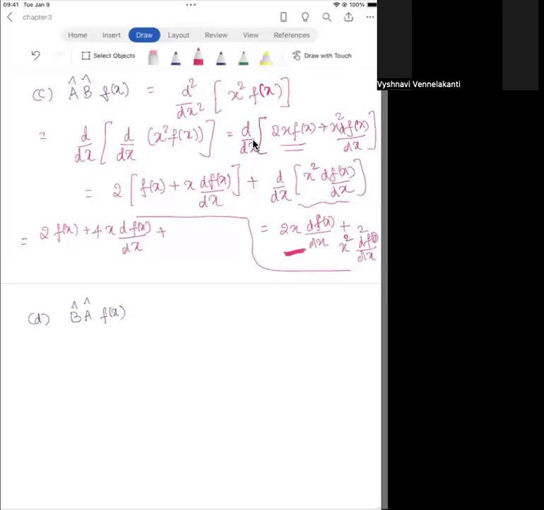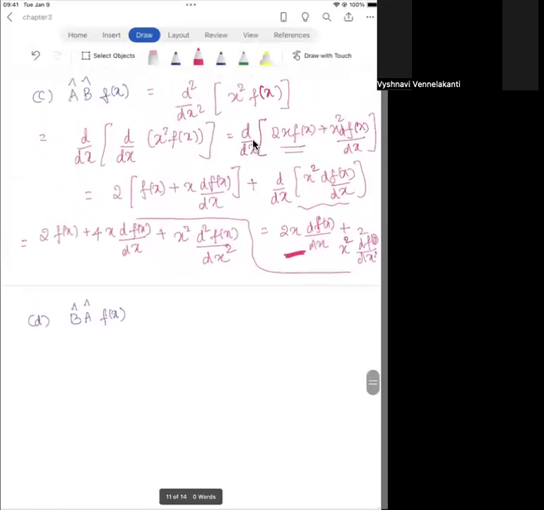So I'm just going to do the addition there. And we have x squared d squared f of x over dx squared. So the final answer will be 2 times f of x plus 4x df of x over dx plus x squared d squared f of x over dx squared. That will be the final answer.